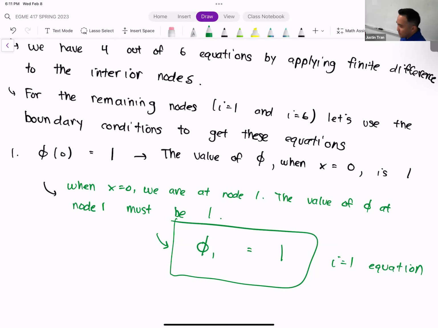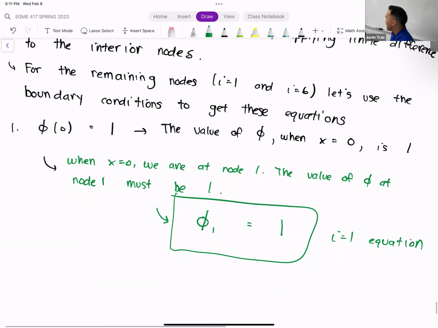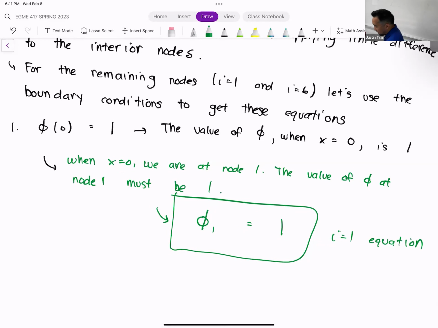And so this very simple equation right here, I know I talked around it for a long time, something that maybe was very obvious, but this equation is telling us that phi 1 is equal to 1 according to the boundary condition. Okay? And so this is going to be our I is equal to 1 equation. Instead of using our finite difference equation that we had above, we're going to be using this equation here instead.